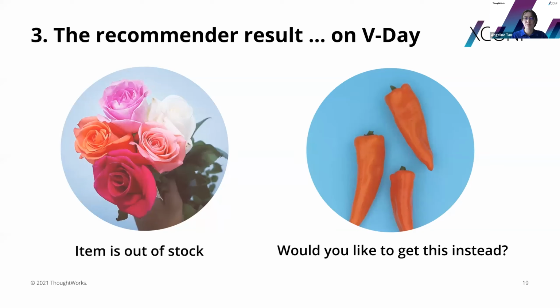Okay, so back to our story about Dana and her data science team. Something happened in production. A customer noticed that the recommender system on their grocery website was giving random results. It was Valentine's Day, but as flowers were sold out, the system recommended to a customer to get chili peppers instead.